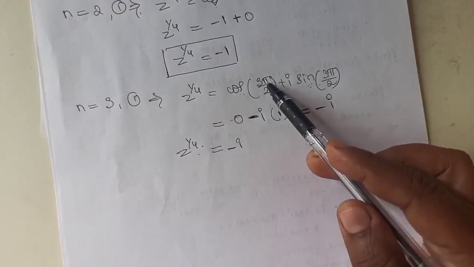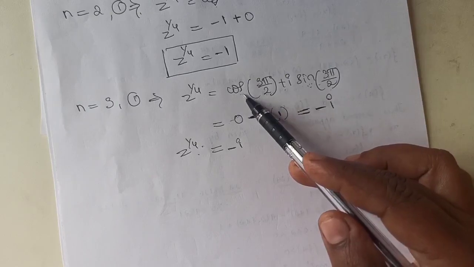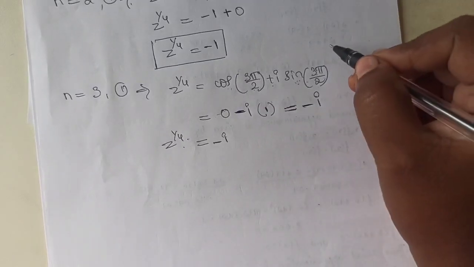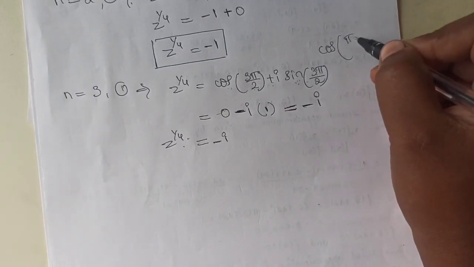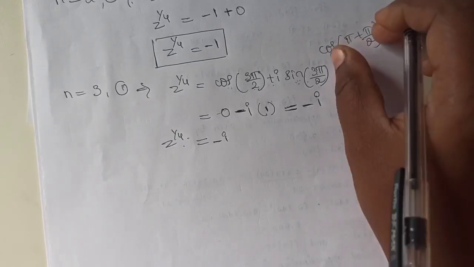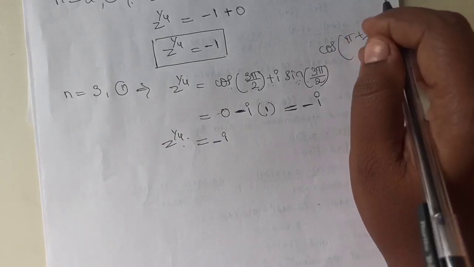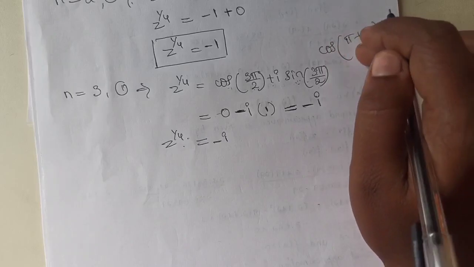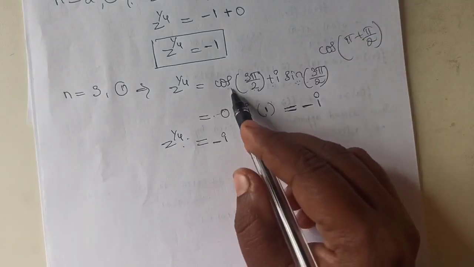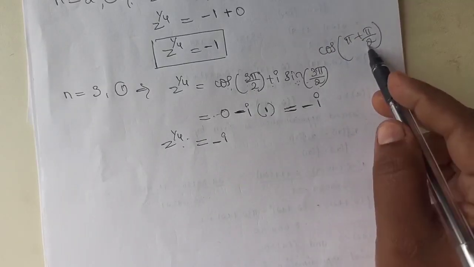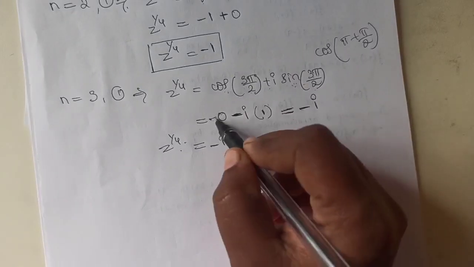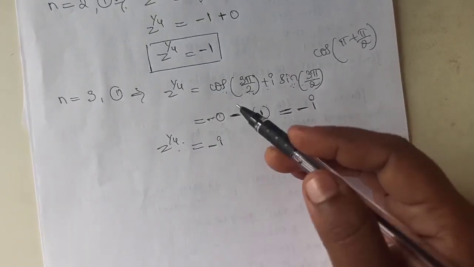This cos of 3 pi by 2 can be written as cos of pi plus pi by 2. So cos of 180 plus theta lies in the third quadrant. In the third quadrant cos is negative, therefore it is negative cos pi by 2, but cos of pi by 2 equals 0. So negative of 0, simply 0.